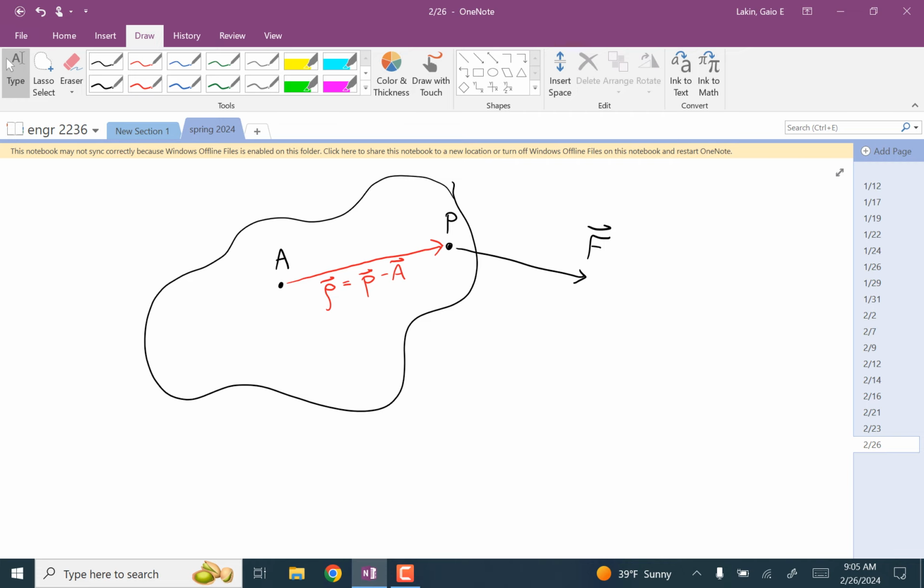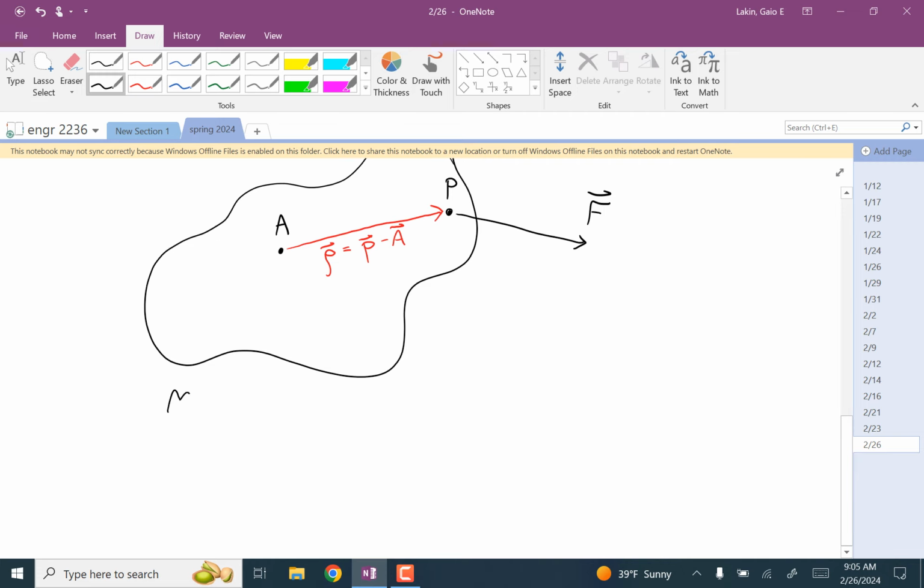Based on those definitions, the moment of that force about A is equal to rho cross F.